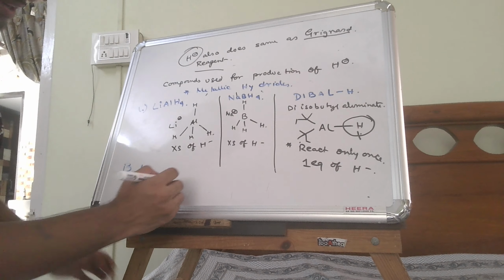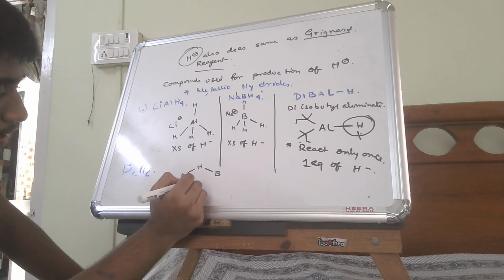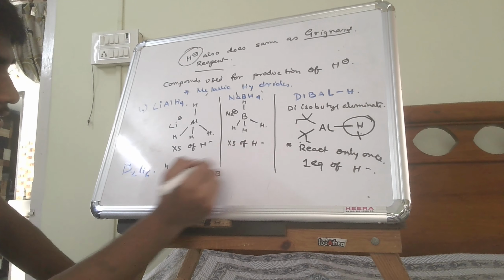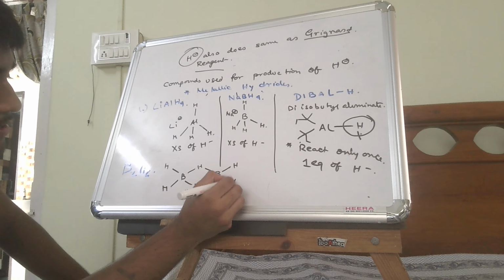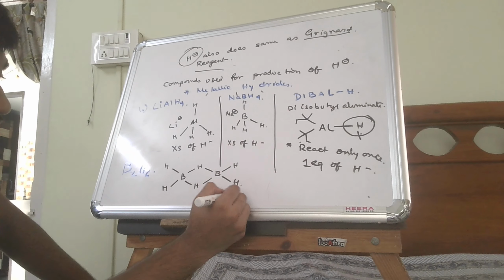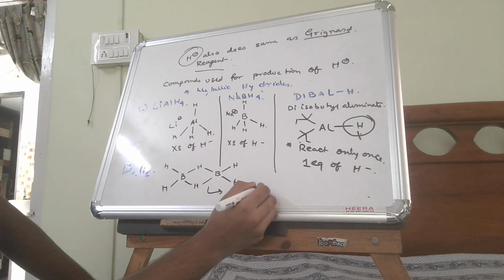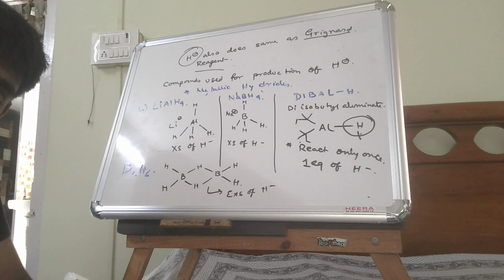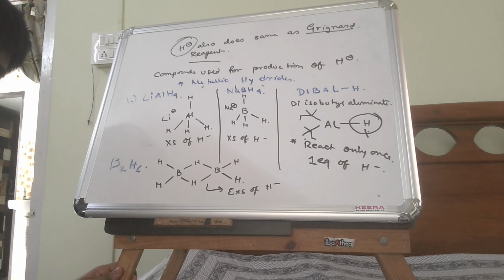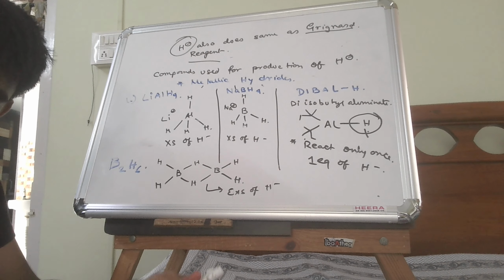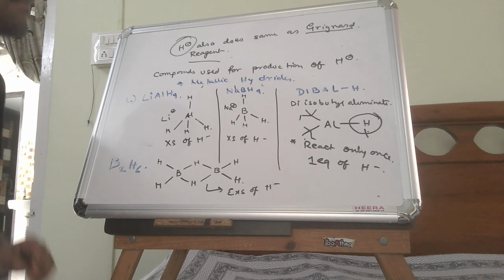It looks something like B, H, B, H, B, H, H, which is B2H6, with excess of H minus. I hope that you all have understood the topics very well, and that you all have understood the reduction part very nicely.